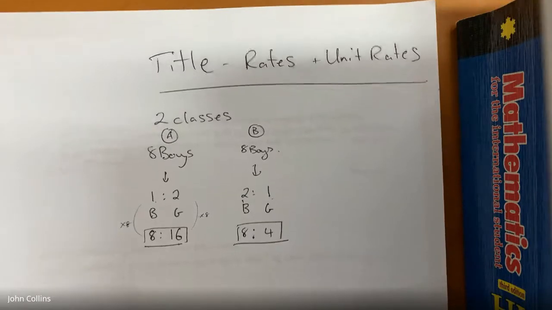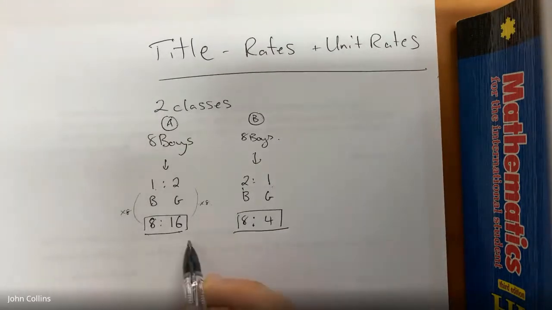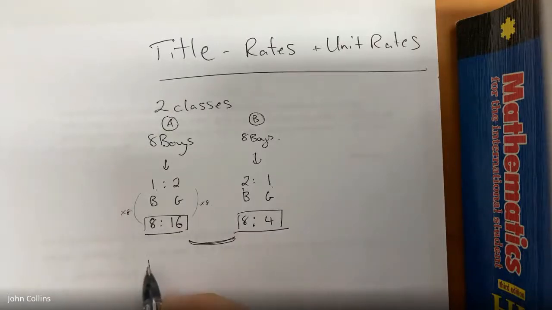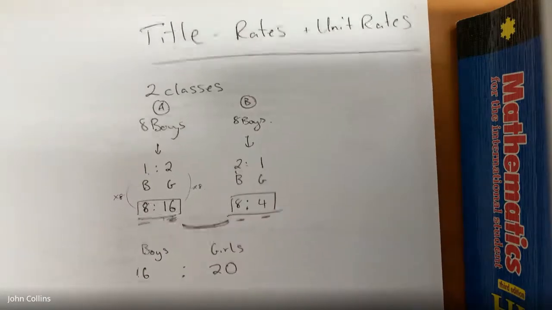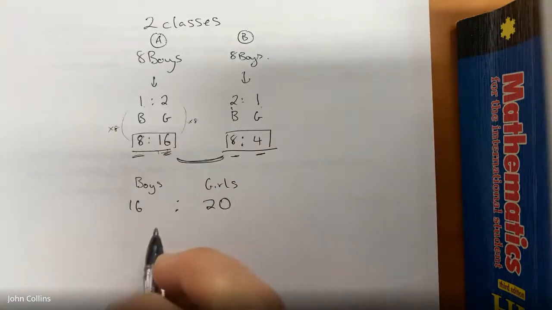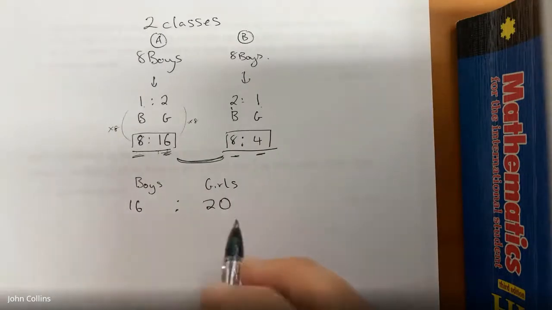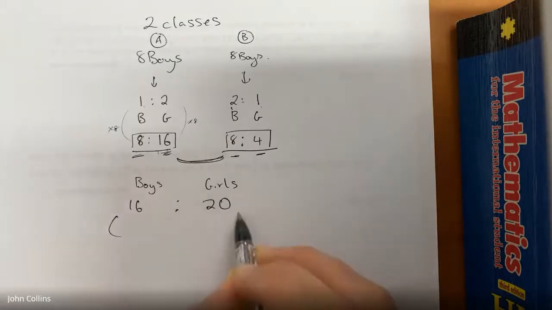Okay, so now I combine these 2 classes. Let's just look at the boys. There's 8 boys and 8 boys. That's 16 boys. Girls, well, there's 16 girls in this class and 4 girls in that class. So that's 20 girls. Anytime you have a ratio like this, you can simplify it.